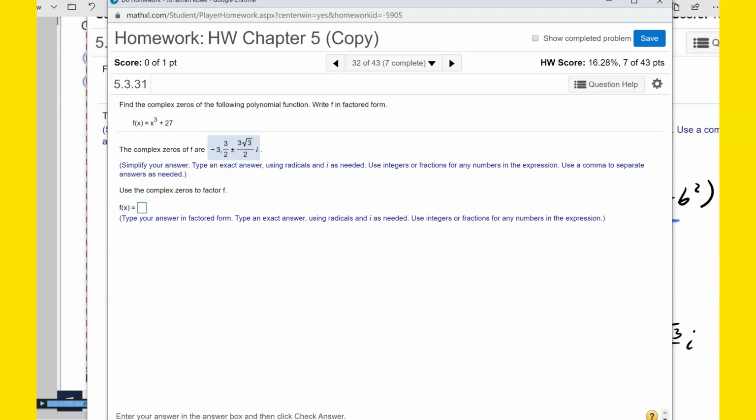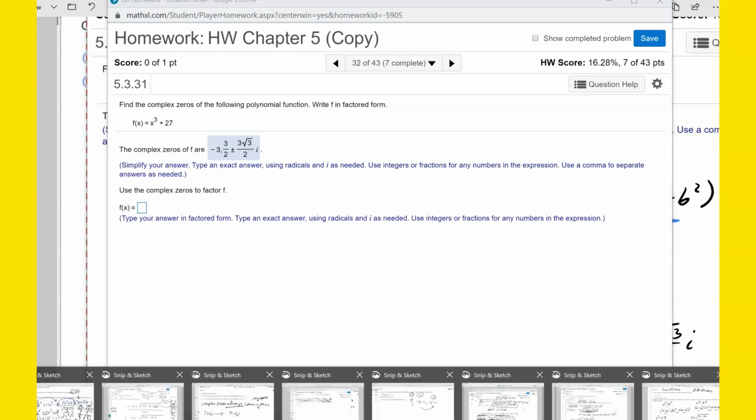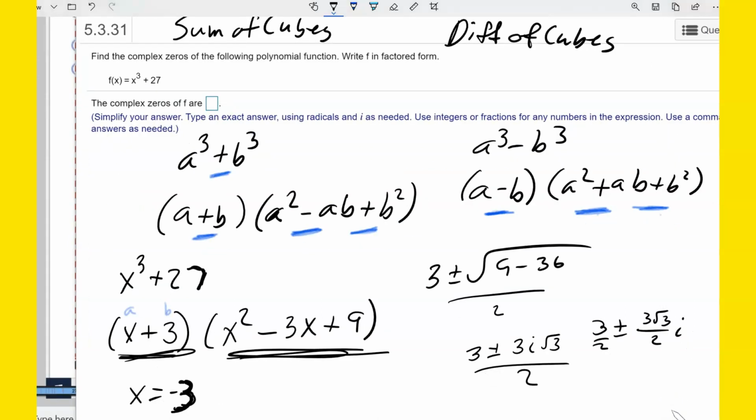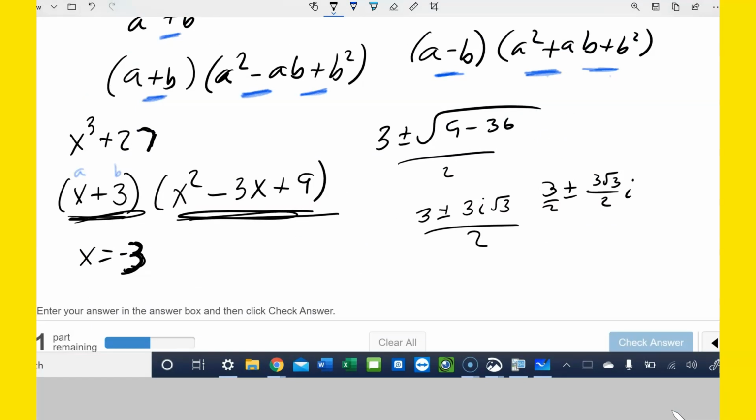Let's move on. Oh yeah, use the complex zeros to factor f. This is going to be a little bit of an adventure to write this answer, but let me show you how to type it in. Actually, I'll show you how to write it before I type it in. Let's go back to our answers here. It's going to be x plus 3, obviously, from that one.